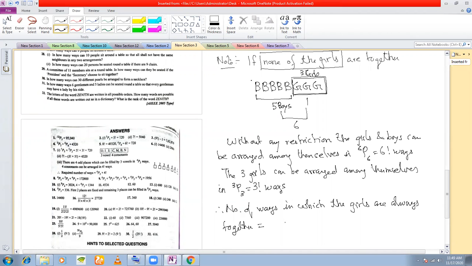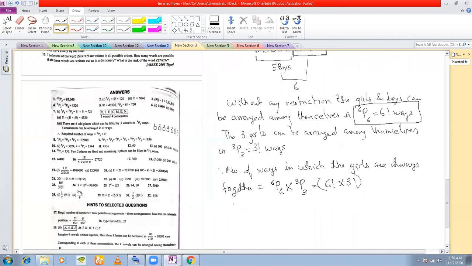So they can be arranged among themselves in 8p8 ways. Sorry, this is not here. In the next step, we'll do it. Number of ways in which the girls are always together is factorial 6, or 6p6, into 3p3. So this is equal to factorial 6 into factorial 3.